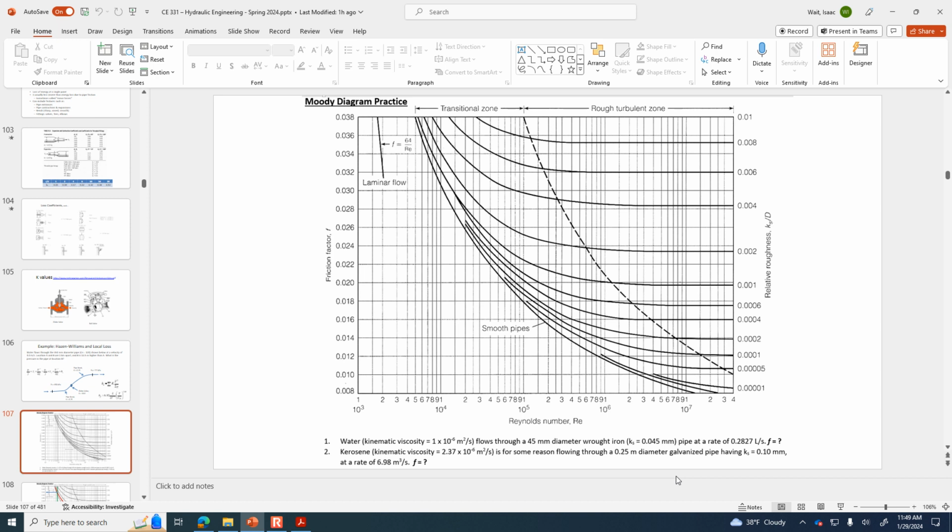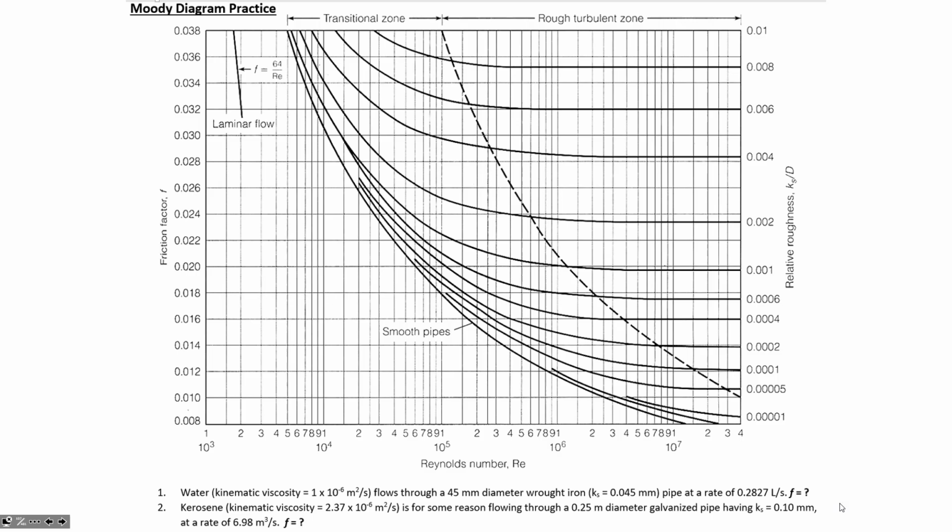Calculate the Reynolds number. It's 8,000. The Reynolds number is 8,000, and the relative roughness, if the K sub s is 0.045 and the diameter is 45, then the relative roughness is 0.001. So what we do is look for the point of intersection with the relative roughness.